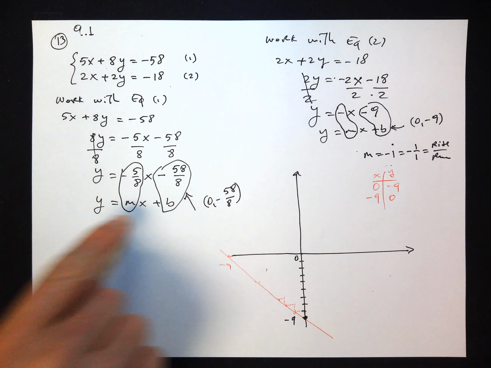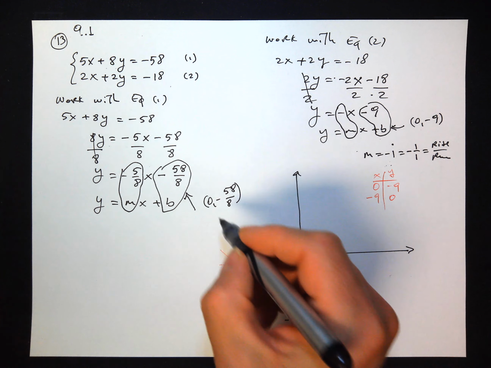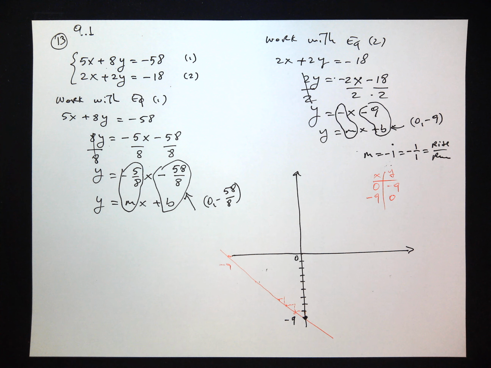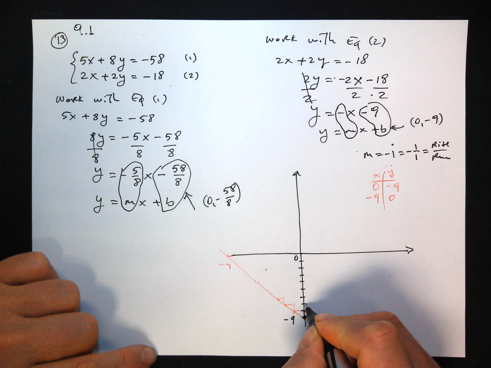And when it comes to the first equation, it's going to be a challenge, because it's not a solid number. However, 58 divided by 8 will be approximately negative 7.2. So it's going to be right here. Here's negative 8, negative 7.